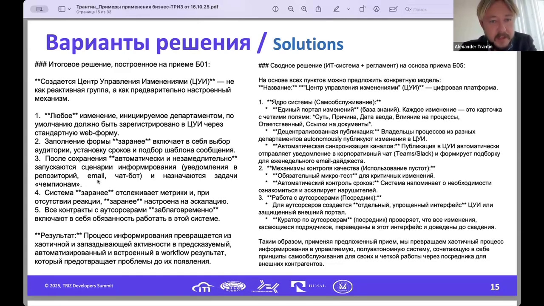We have this infrastructure, and so this proposal did not suit the team completely. And the next approach, B05, sorry. And for instance, we have a certain supervisor controlling outsourcers.